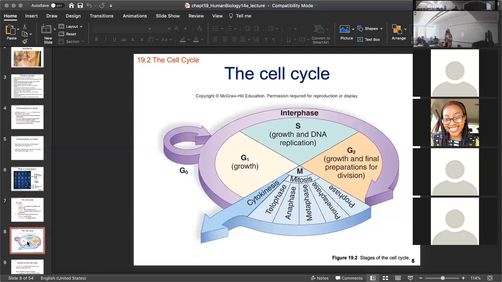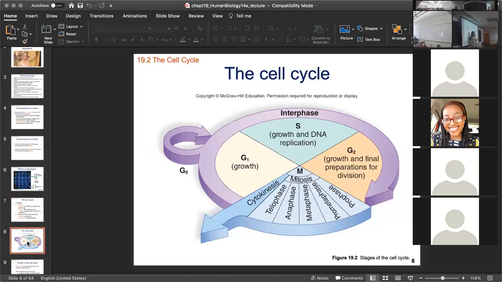Okay? So this phase right here is called mitosis. Now in our class, I don't have you memorize all of these steps, but you maybe had to in high school. It was like prophase, metaphase, anaphase, telophase. All of those, we don't memorize them.